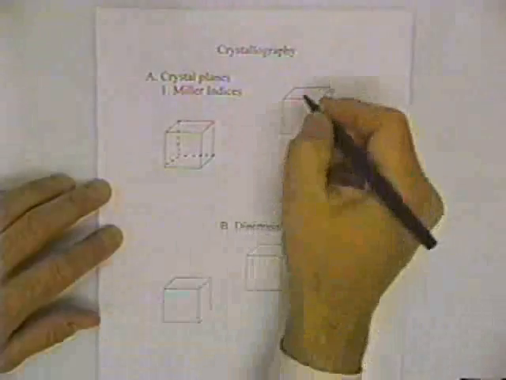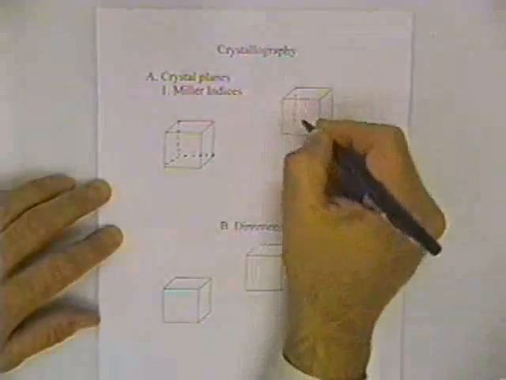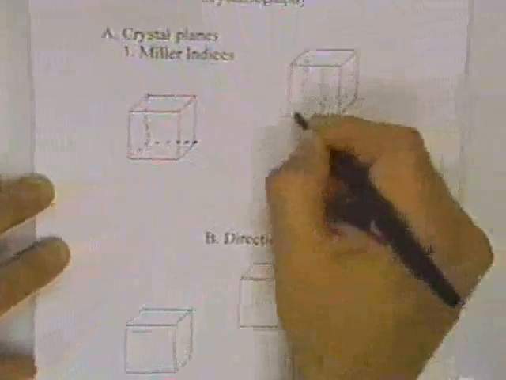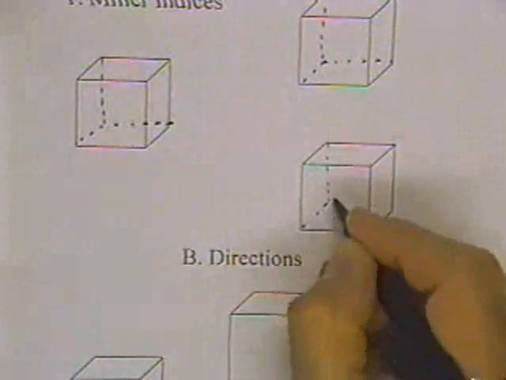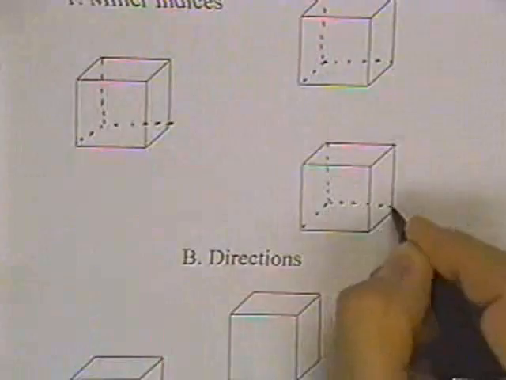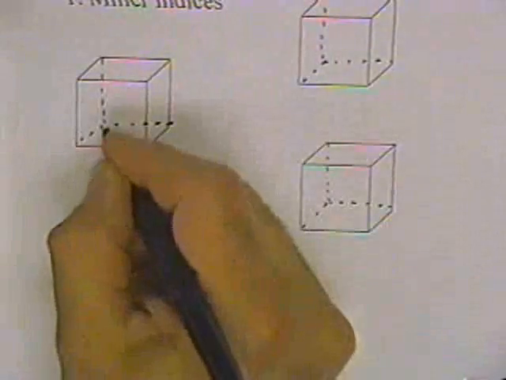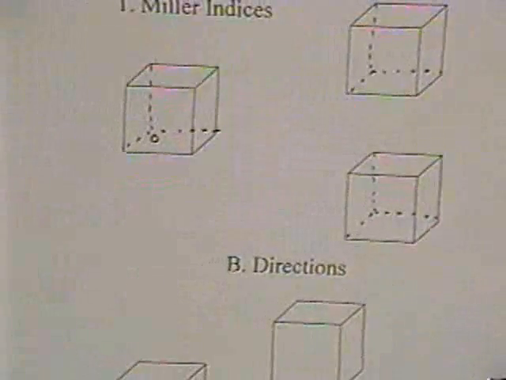Maybe we can blow this up a little bit, make it a little easier to see. And there's nothing magical about where you set the origin. What you want to do is just make it easy on yourself. Now, Miller indices look formidable, but they're really simple.